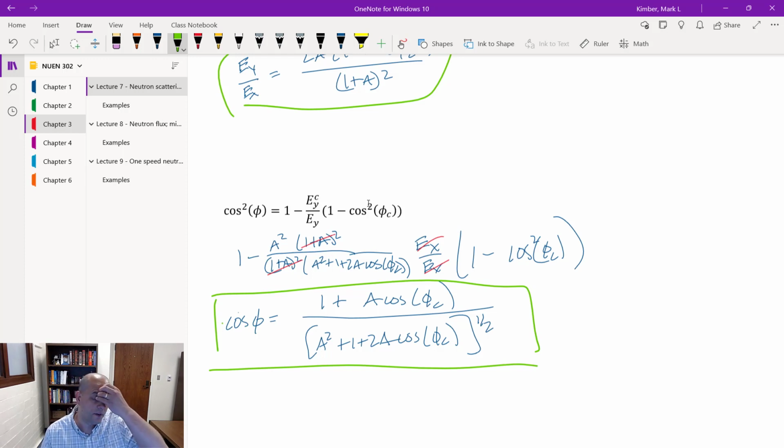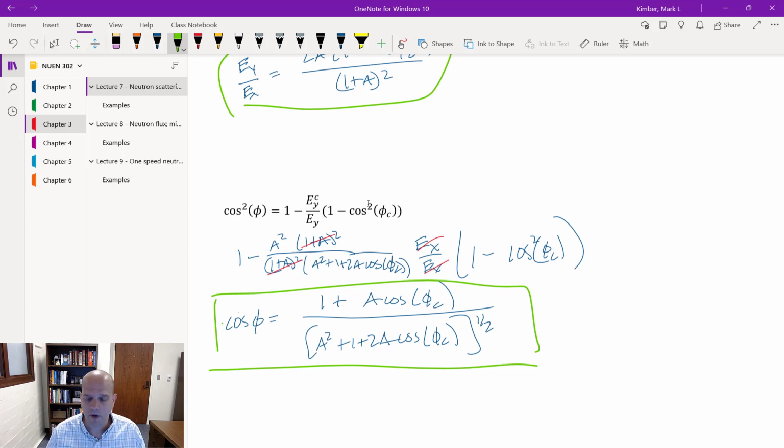Phi sub c, if you recall, we're going to take that from 0 to pi. But they're also functions of that A, so the mass number of the target. And so if I choose a lighter particle versus a heavier particle for that target, then I'll get different responses, different behaviors for that change in kinetic energy. The energy exchange is going to be dependent on not just phi sub c, but also the mass number of that target.